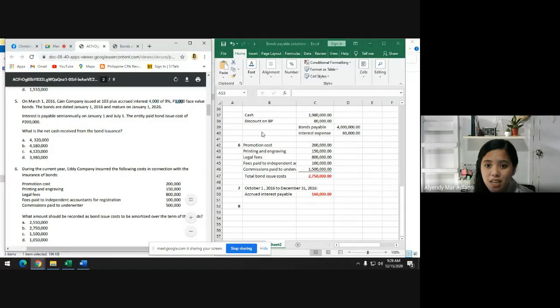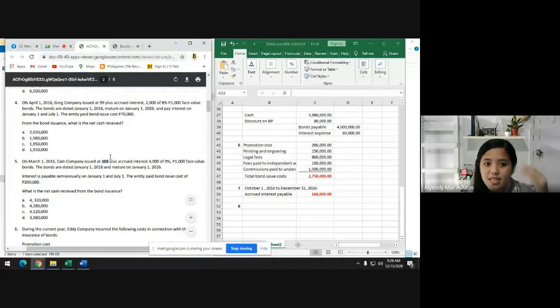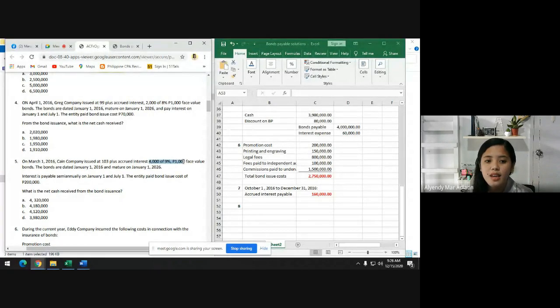Pero, 4 million ba ang issue price? Di ba dili? 103%. So in that case, kung ang issue price is above or below the face value, it's either na ay premium or discount. Pero what if 4 million ang face value? 4 million po ang gi-issue sa imuha. So that means there is no premium nor discount.